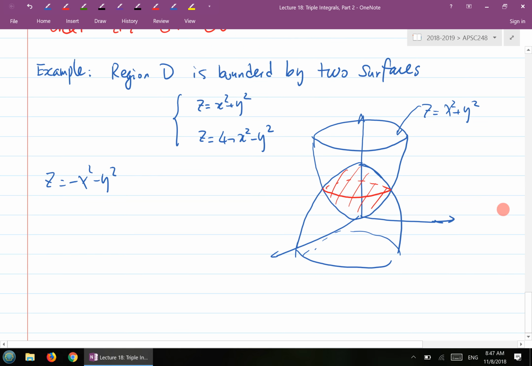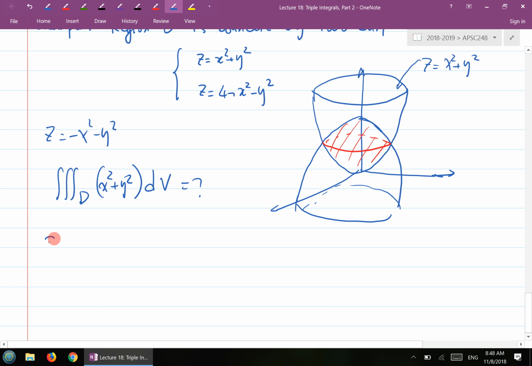So let's think about an easy one here. What will be the triple integral of, let's say, x squared plus y squared dV? Here are the steps you need to follow.